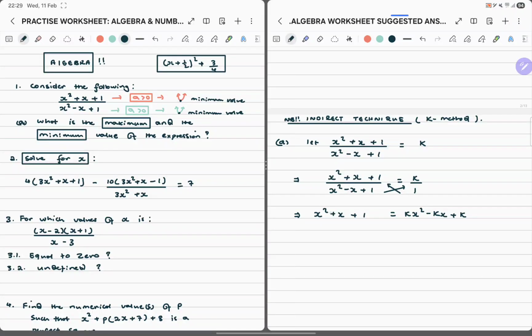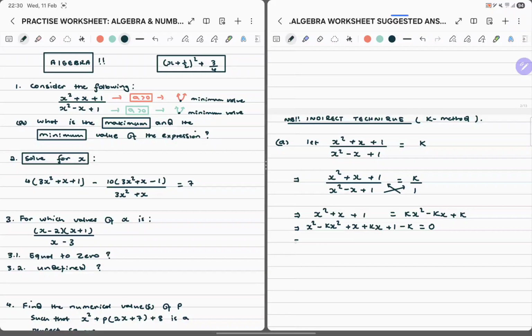Now we can see that this is a quadratic equation, so we must write it in standard form. So we will bring in x squared and its friend. It's going to be minus kx squared. The next one is going to be plus x. We bring in the other x term, which is plus kx. Then we have plus 1 minus k equal to 0. Okay, so we're using all the techniques that we know.